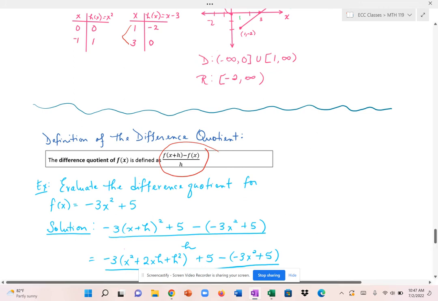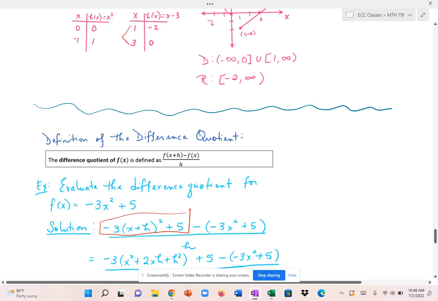So we want to evaluate the difference quotient for f of x equal to -3x squared plus 5. So first, let's do this part, f of x plus h. That means everywhere there's an x, which is here, you want to replace it with x plus h. So this is what f of x plus h looks like in this example: -3 times x plus h to the second power plus 5.